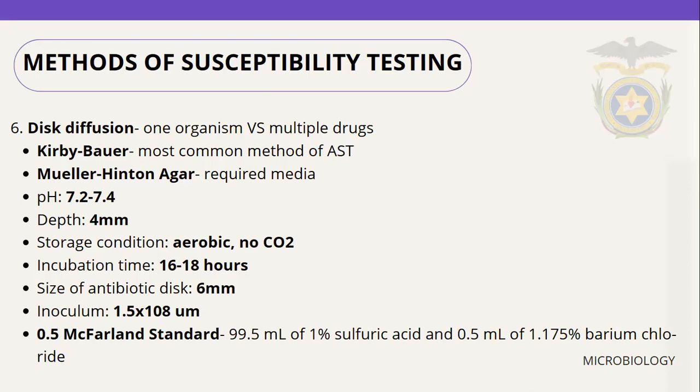So we use the Mueller-Hinton agar, or MH agar, as the required media, and its pH is 7.2 to 7.4, and it's 4 mm, and the storage condition requires that it is aerobic with no CO2.